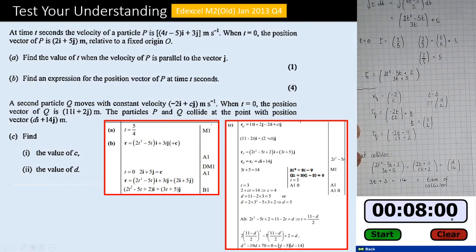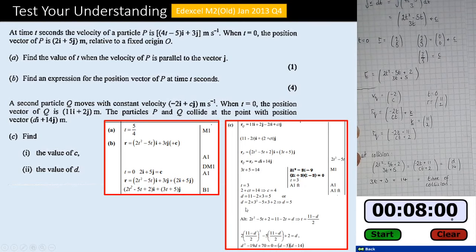You can see that there are a couple of alternates in here as well, where instead of using the linear equation, people decide to use the quadratic equation, which you can, but if you've got a linear equation to use, why wouldn't you use that? But yeah, there we go.